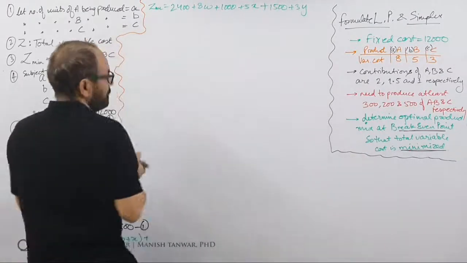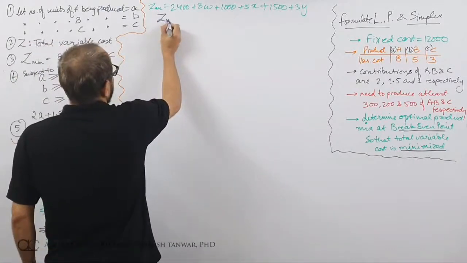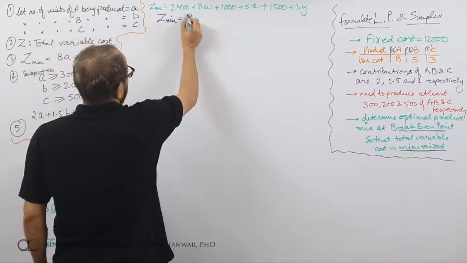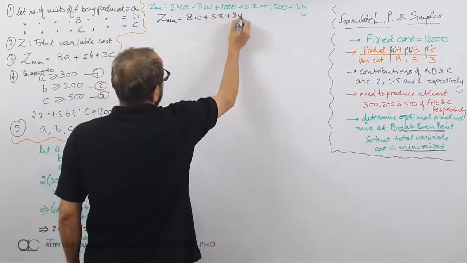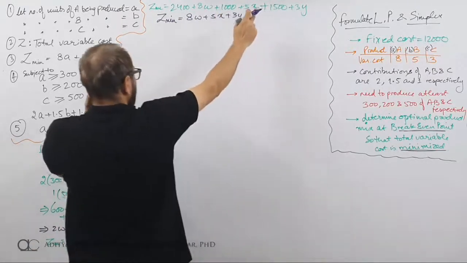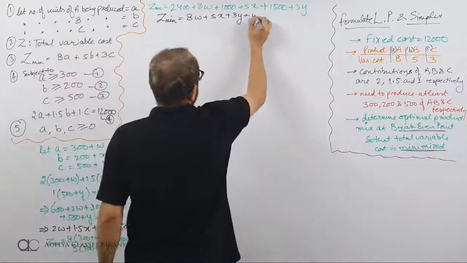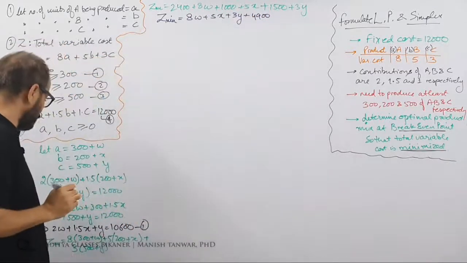Making it, I'll write it down in fair, z-min is equal to 8w plus 5x plus 3y, plus 2400, 3400, 3900, 4900. This is my objective function subject to only one constraint.